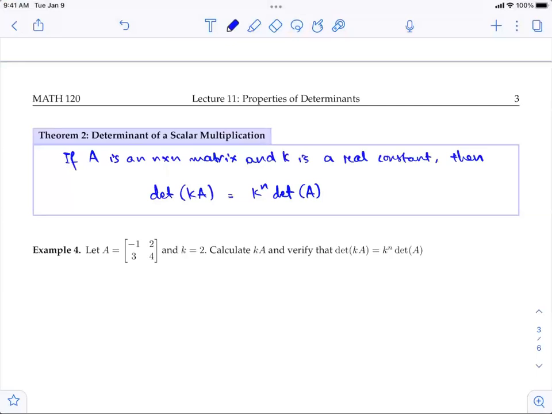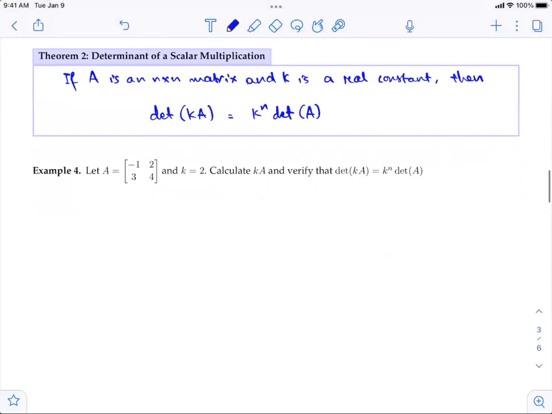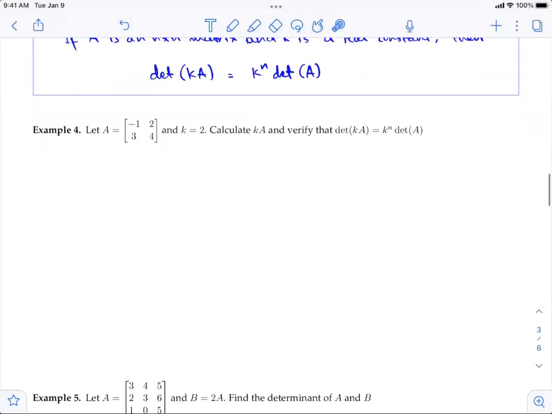Let's verify this formula in the following example. Given the 2 by 2 matrix A, with rows -1, 2 and 3, 4, and K equal to 2, you want to calculate K times A and verify that the determinant of K times A is equal to K to the power n times the determinant of A. So K is equal to 2, and K times A is -2, 4, 6, 8.